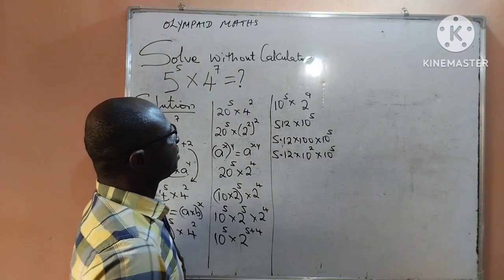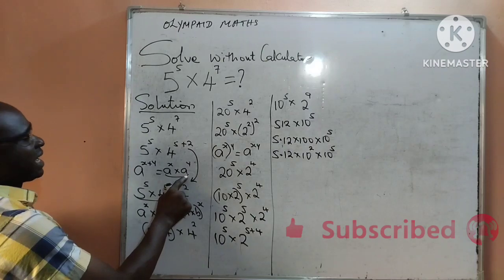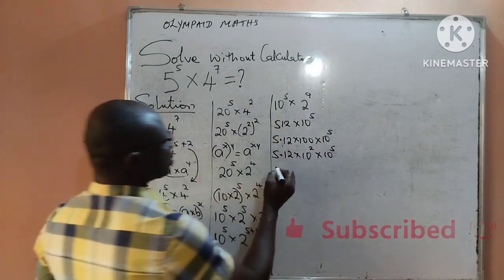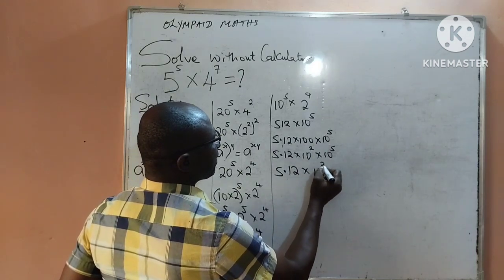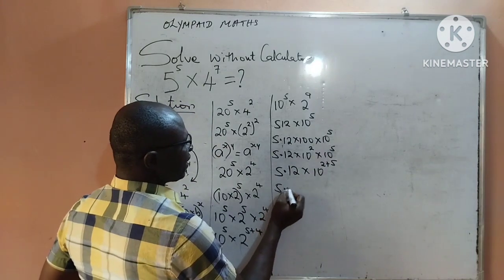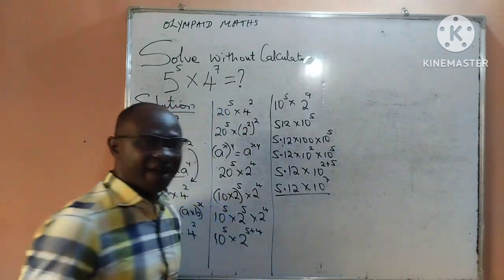This time, you can now see that the bases are also the same, which is what we got here. And that means we can add the powers, so that we now have 5.12 multiplied by 10 raised to the power 2 plus 5, which is 5.12 multiplied by 10 raised to the power 7. This is the final answer.